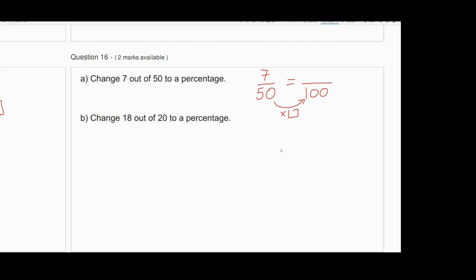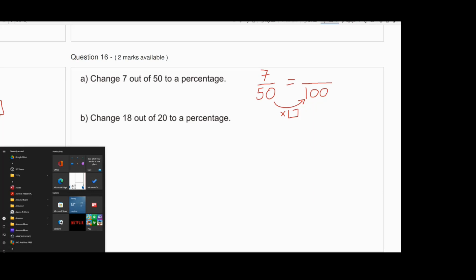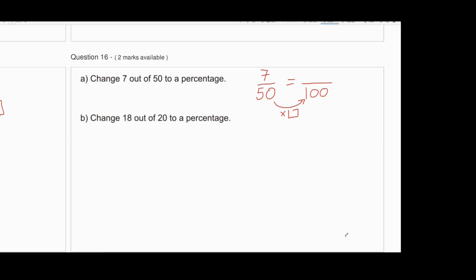Not quite 10. Have another think. Yeah, you times it by 2. Brilliant. So, I think my internet's just cut out. Is it? No, that's okay. Yeah, we times it by 2. So what do you think I would have to times the top by?